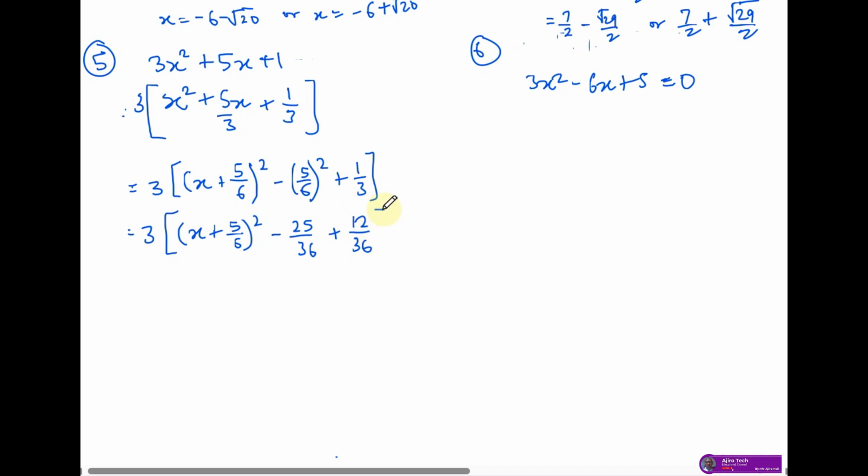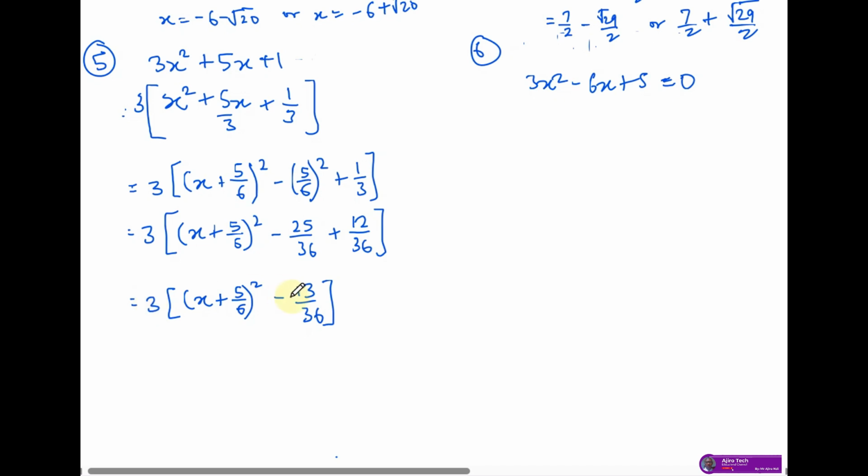Okay, so this and these are equivalent. Equal to 3 into x plus 5 over 6 close bracket squared. We sum this and this to get negative 13 over 36, negative 13 over 36.